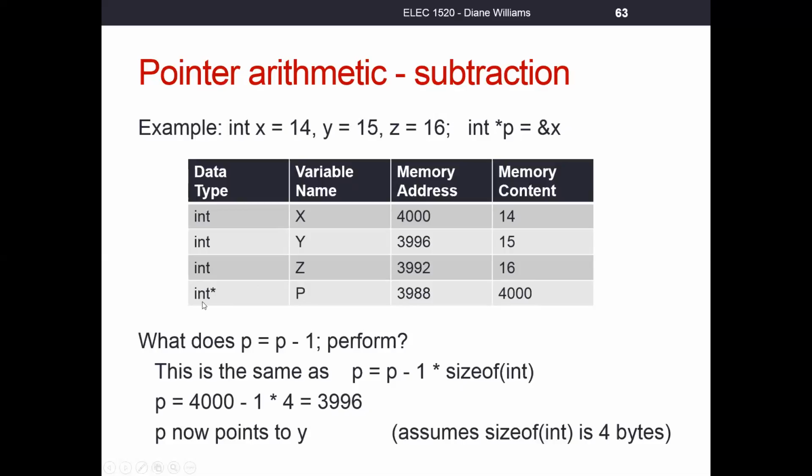This is based on P's data type. P points to an int, so 1 times the size of an int. And now by the subtraction, instead of pointing to X, P now points to Y. So pointer math relates to the data type that it points to, and when we add and subtract from it, it's based on the number of bytes of that data type.